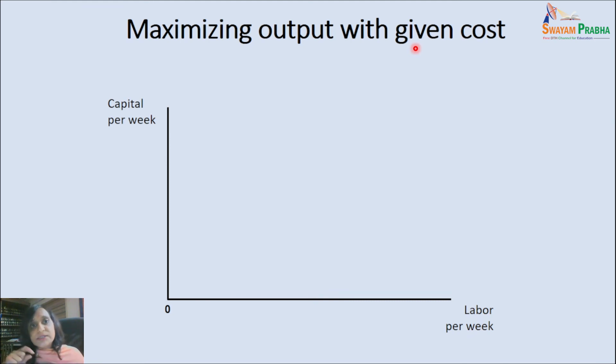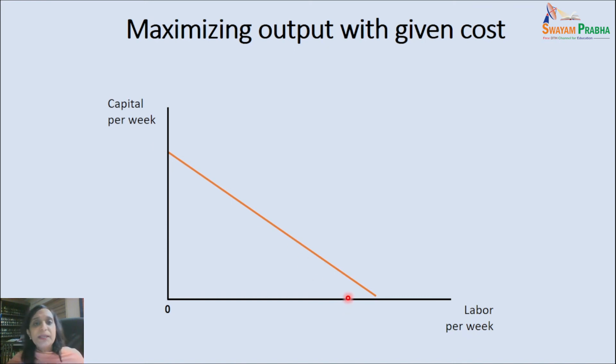Here, cost is given to you and you are asked to maximize the level of output. How will we do it? This represents one isocost line. Cost is given. What we have to find is the maximum level of output which I can produce with this given isocost line.